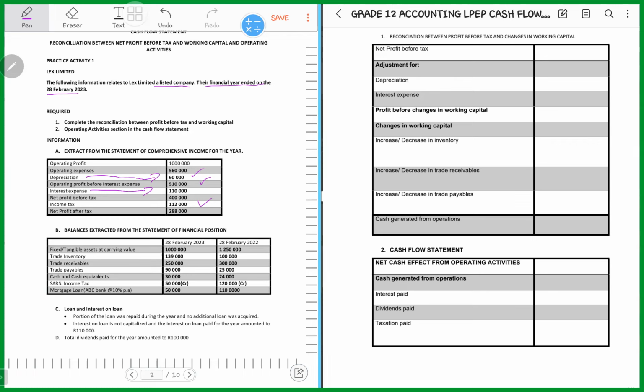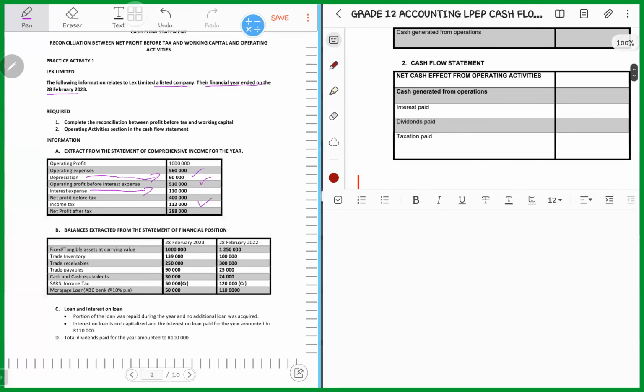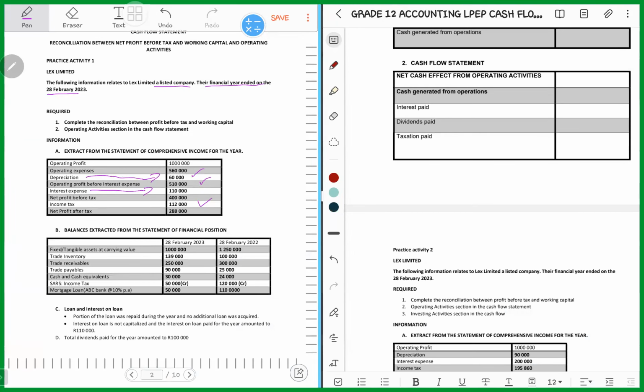Then on information B, they are saying the balances extracted from the statement of financial position. If you notice something, we are given, I can say, comparative amounts, meaning that we are given amounts from the previous year and amounts from the current financial year that just ended on the 28th of February.